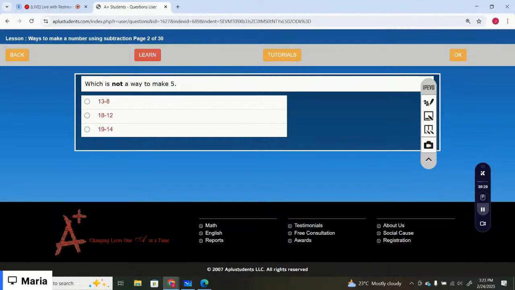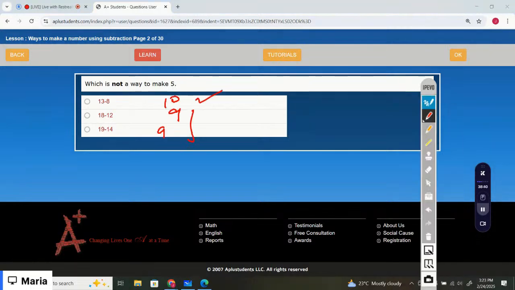Which is not a way to make 5? So you have to find the one that is not a way to make 5. Let's just subtract them. 13 take away 8 is 5. 18 take away 12 is 6. 19 take away 14 is 5.